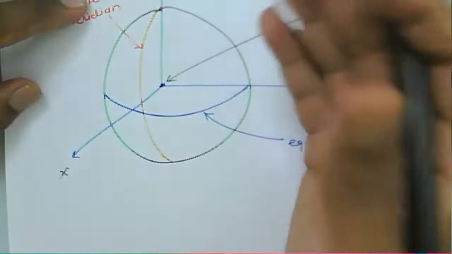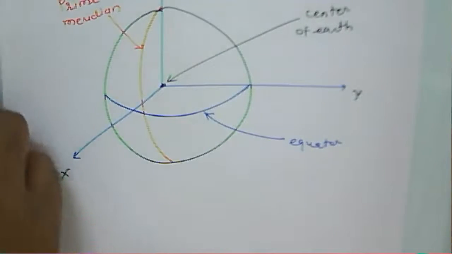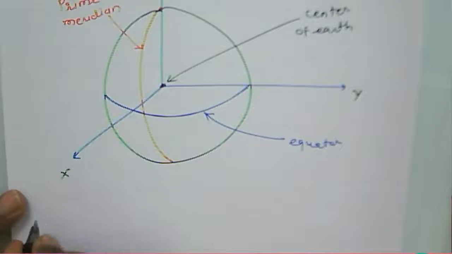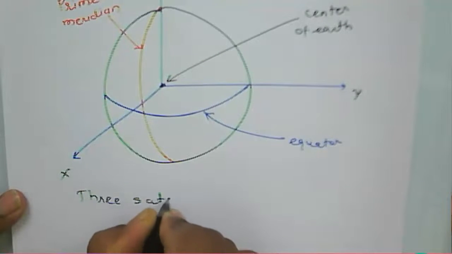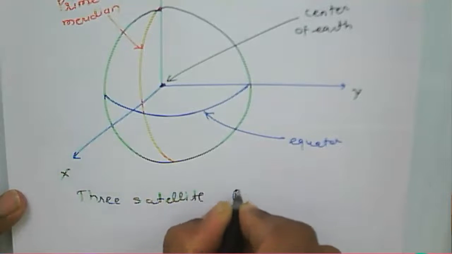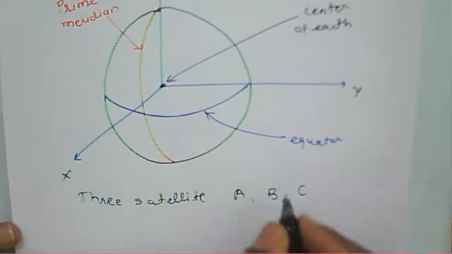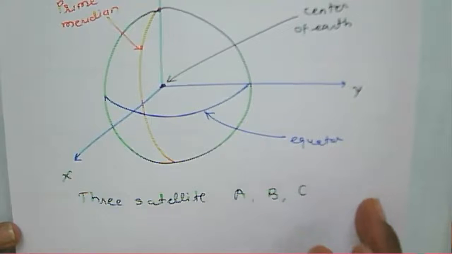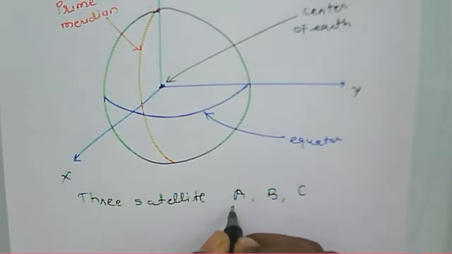So for the position of the A, B, C satellites, we can describe them using ECEF coordinates.